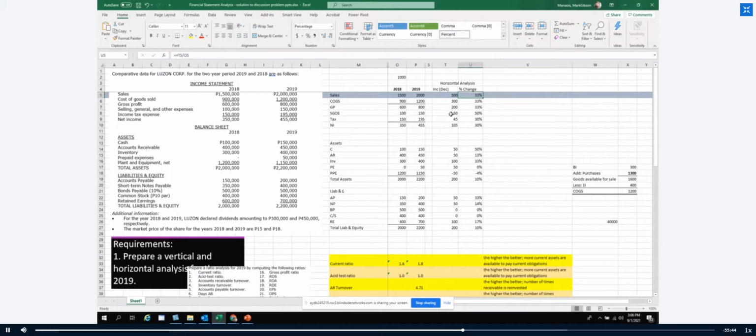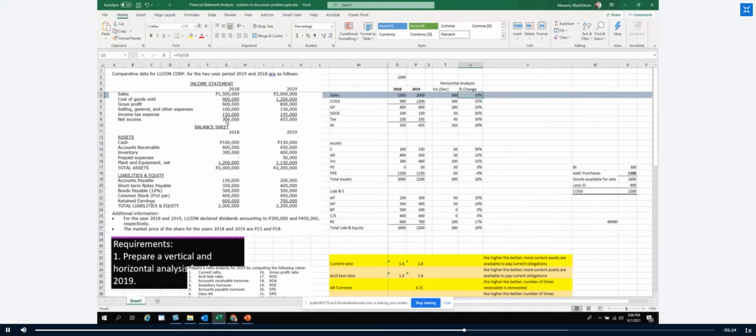If you have any questions, in horizontal analysis, what I also encourage you to do is, before you check on this file, try to solve it yourself. This problem is included in the PowerPoint presentation.